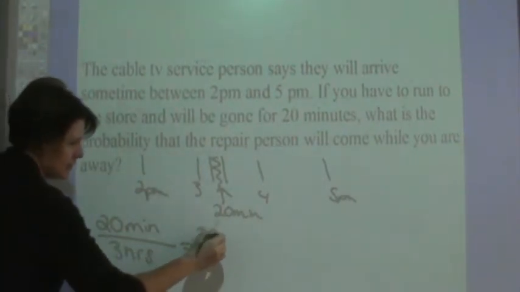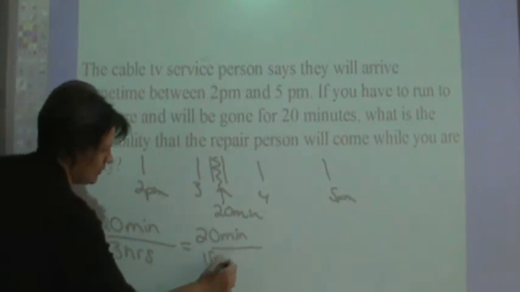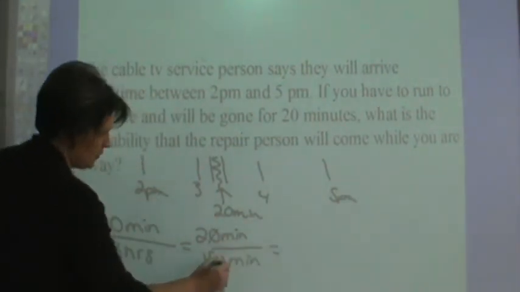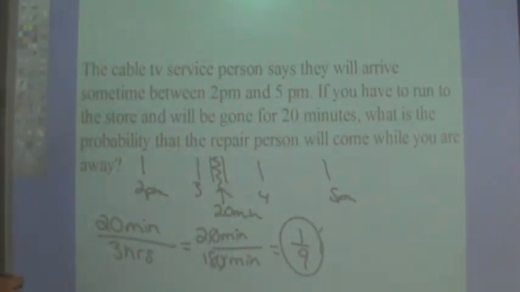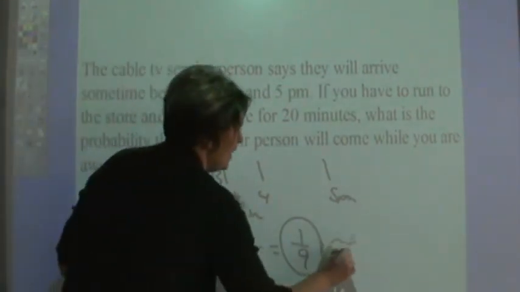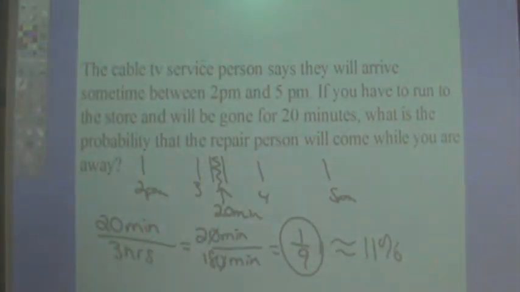So let's make them minutes. 3 times 60 is 180, now we're in minutes. Now I just reduce, so 1/9. There's a 1 in 9 chance that the guy will come when you're gone for those 20 minutes. We could also make that into a percent, which of course is about 11%. And we could leave it at that.